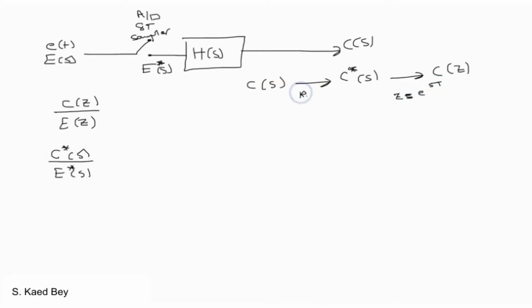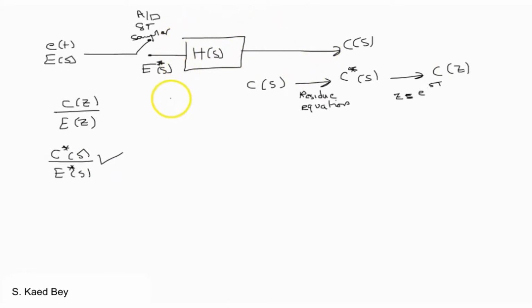So using the residue, we can go to the C star, and then from the C star we can go to the Z domain. That's one method.